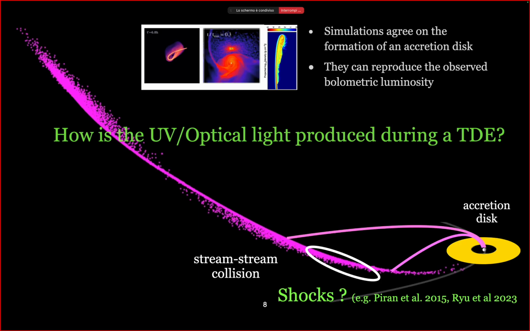And this is a result that has been found in some simulations. By relaxation? Sorry? By which mechanism does it circularize? It circularizes because the stream collision dissipates energy. Okay. So that will allow to initiate the circularization.